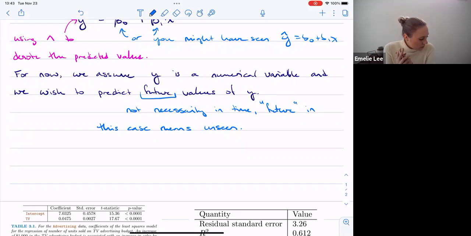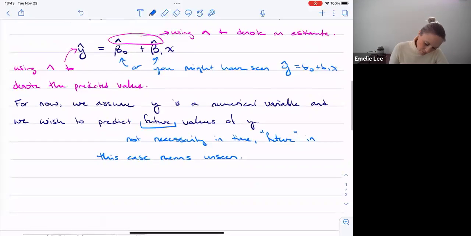So when we talk about beta naught hat and beta 1 hat, generically we'll call those model coefficients, right? And so what we're going to do is build models based off of our data.